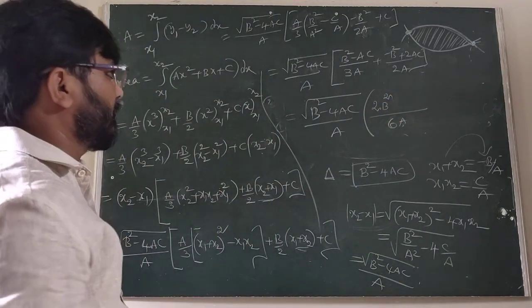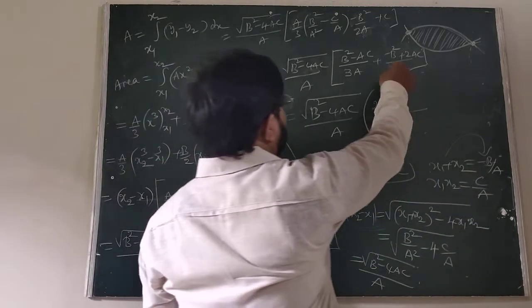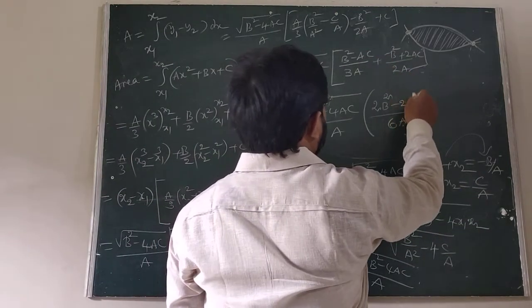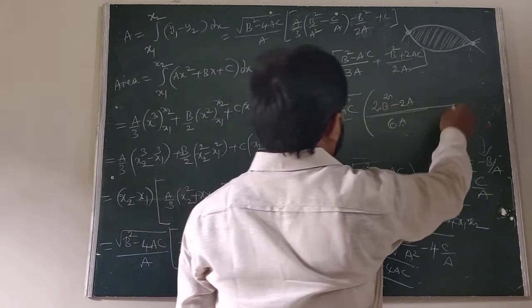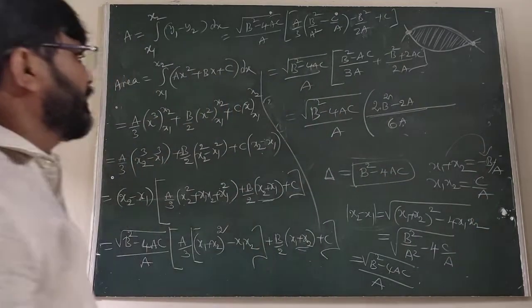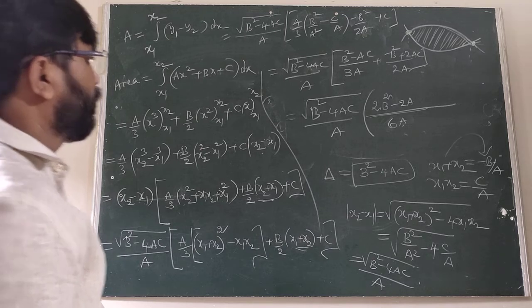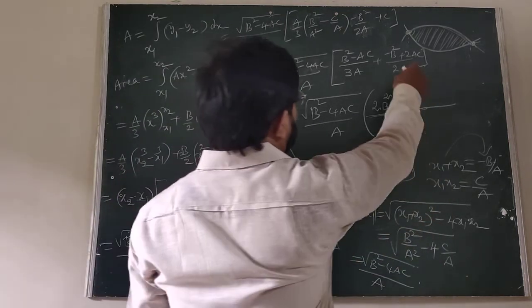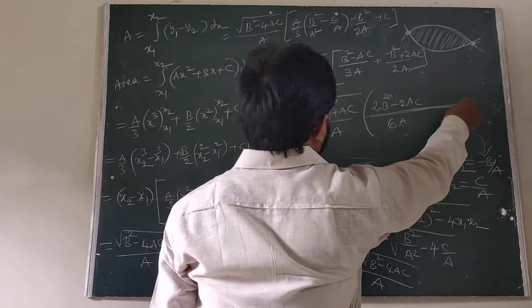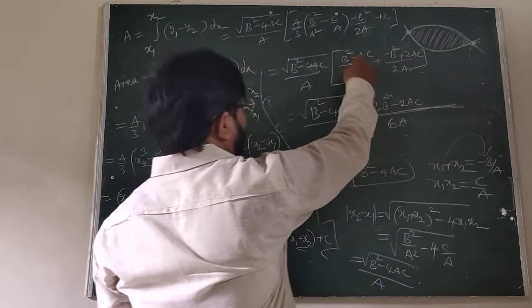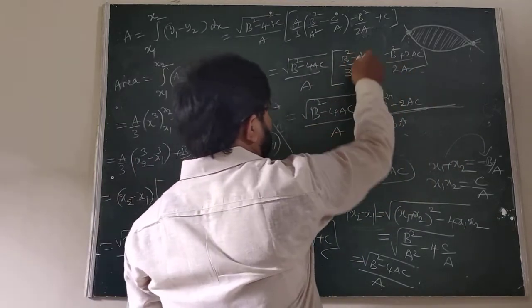2b square. Yes or no? 2b square minus 2, you can write 2b square. Yes. What is this one here? That is the 2ac. We can multiply with only 2. 2 into b square, 2b square minus 2ac.